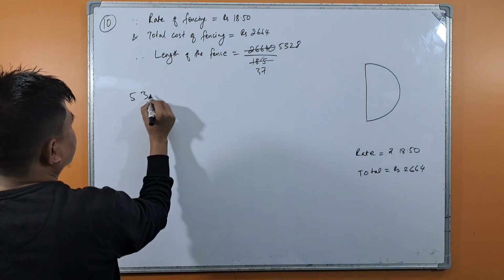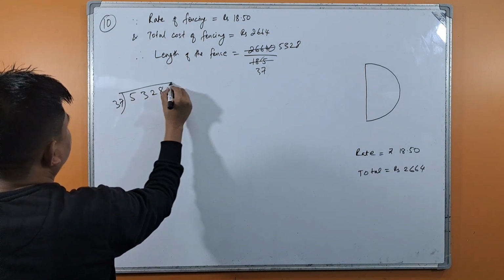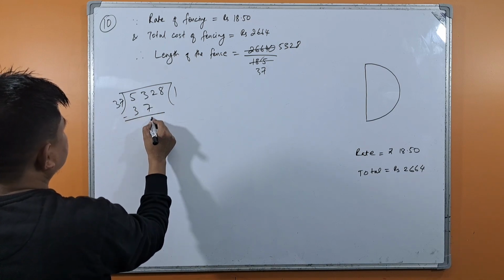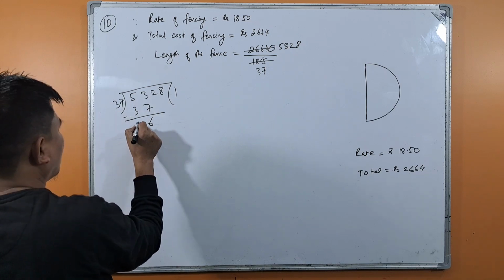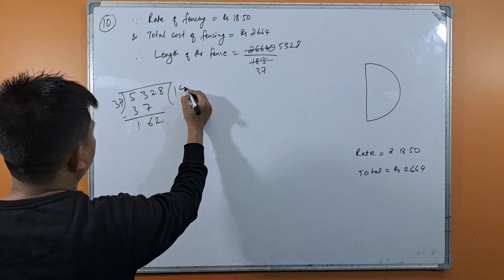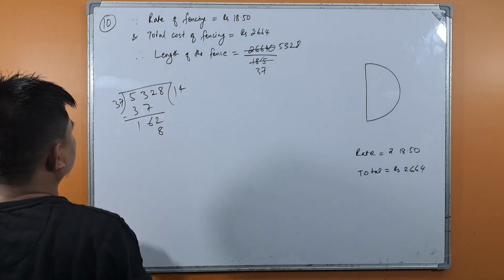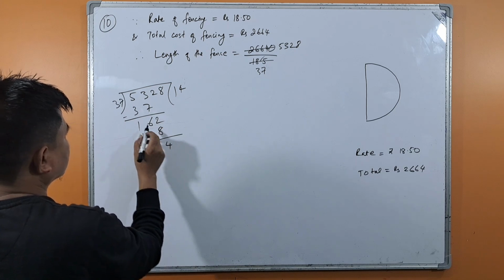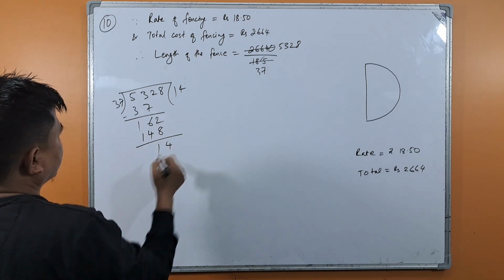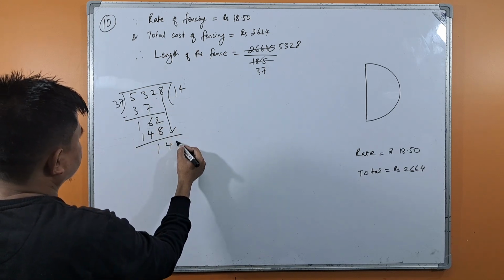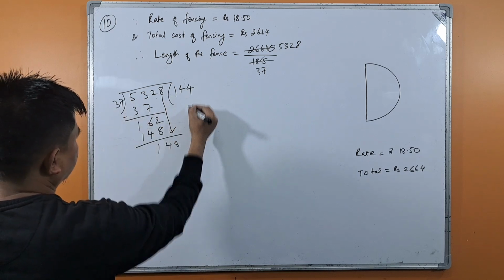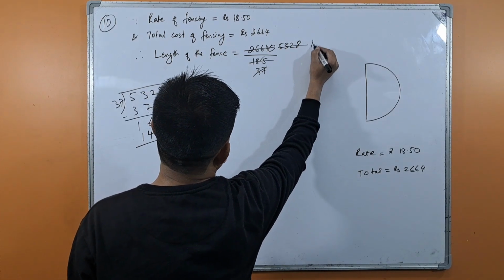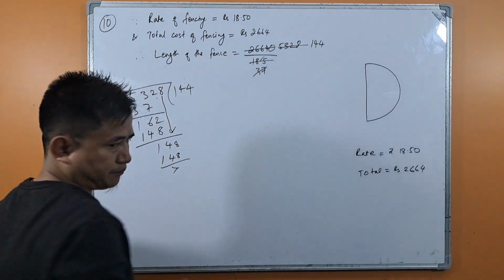Let me divide here, 5328 divided by 37. 37 1s are 37, 13 minus 7 is 6, this becomes 4, 4 minus 3 is 1, this is 2, 37 4s are 148, 12 minus 8 is 4, this becomes 5, 5 minus 4 is 1, so this 8 comes down, 37 into 4 again is 148, so 37 into 144, isn't it?